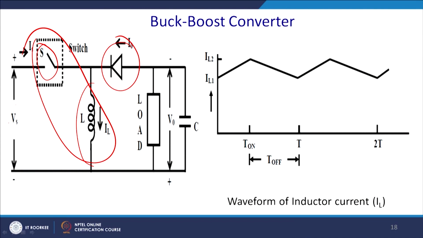So, what happens initially, if it is switched on, this is same as your boost operation, and thereafter when it is switched off, the energy stored in the inductor will feed, and ultimately current will flow through like this, and then essentially you will have a buck operation.